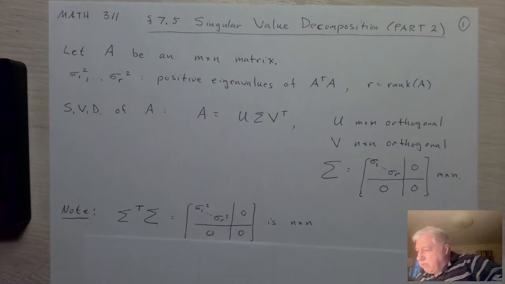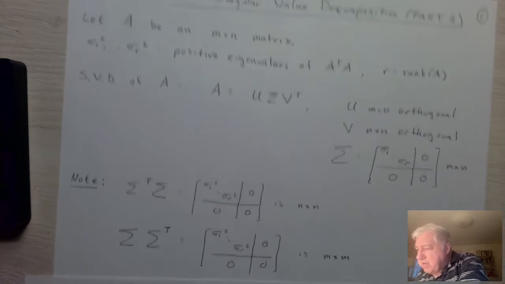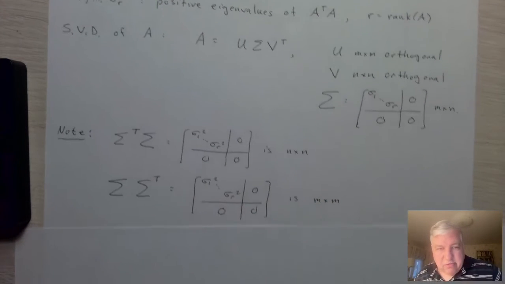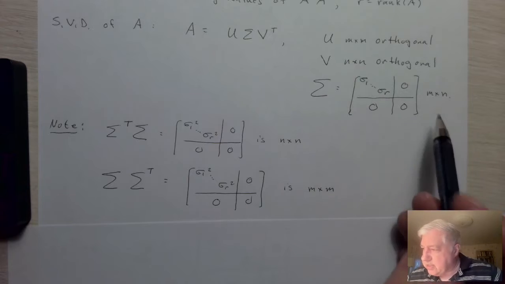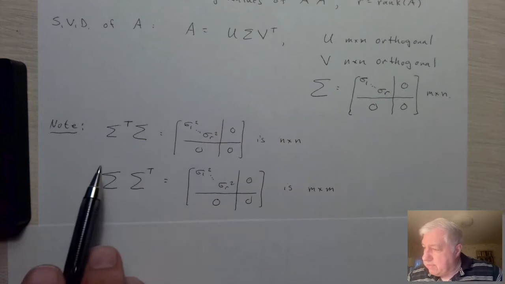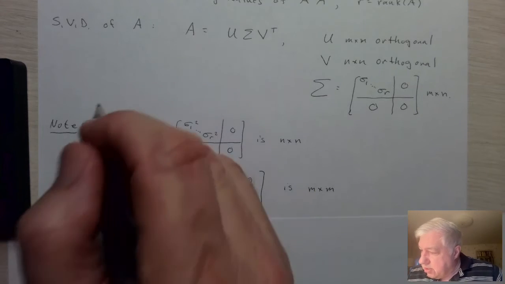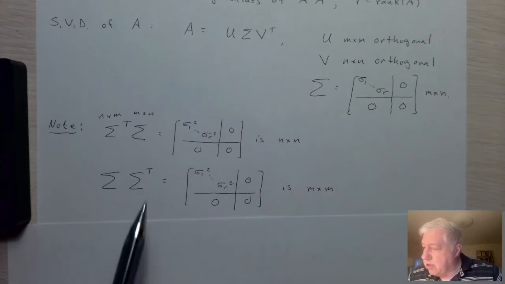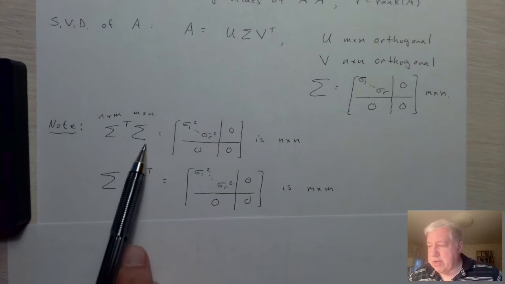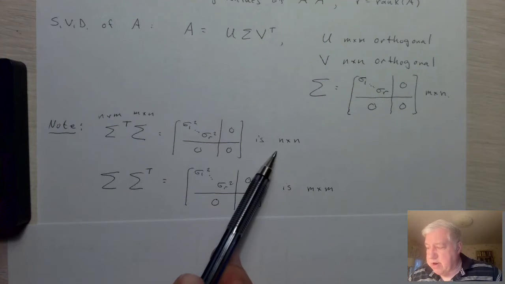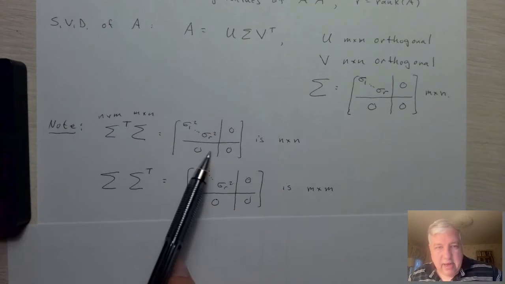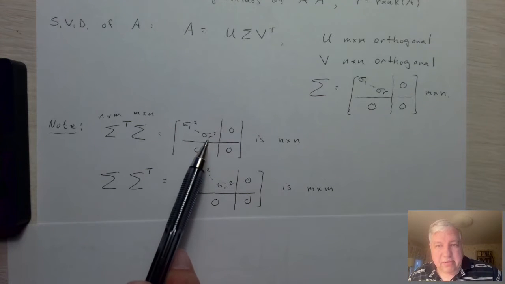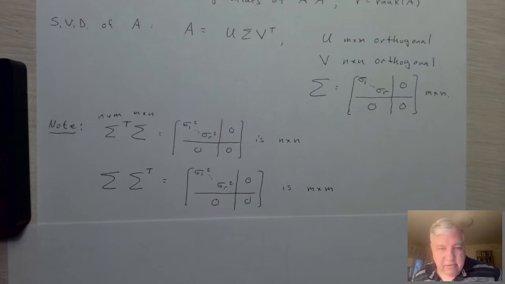Now let's look at this matrix, big sigma, a little closer, and note that because this is m by n, the transpose will be n by m. So when we take sigma transpose times sigma, we get a square matrix, which is n by n, and as you would suggest, these entries are just the squares of the singular values.